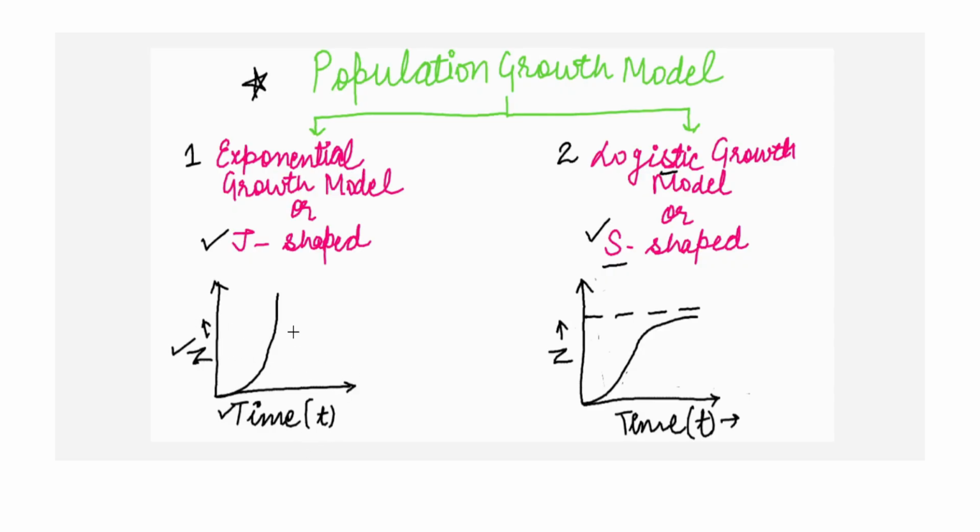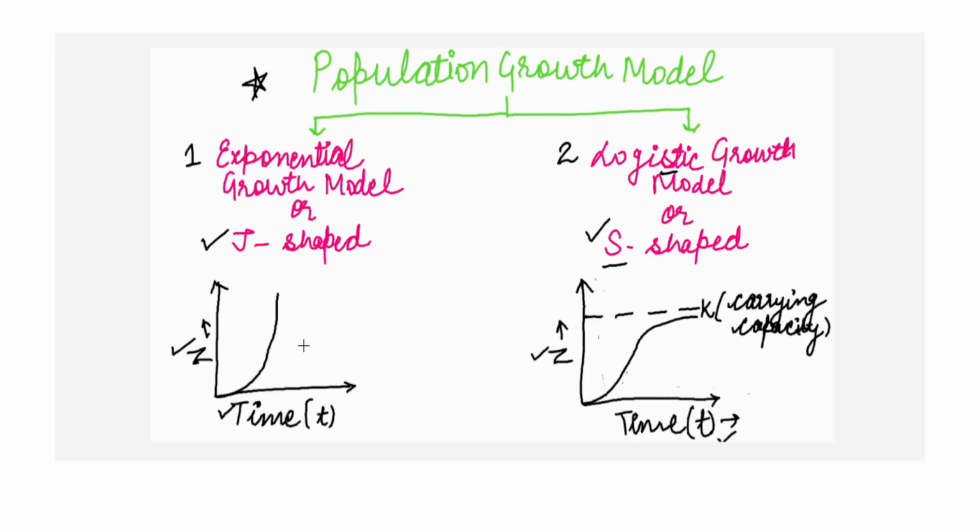Then why is this J-shaped, and on the other hand why is the logistic growth curve S-shaped? The dashed or dotted line shown here represents the carrying capacity. This means when resources are limited, the population cannot grow above the carrying capacity. It is also denoted against N and time t.